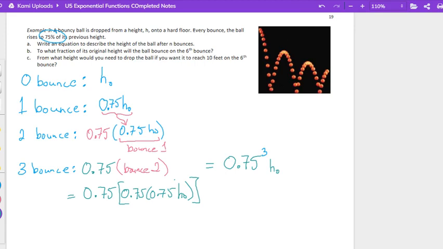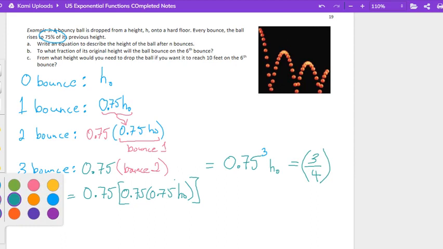So on the third bounce, it's 0.75 to the power of 3 of the original height. We're seeing this? Or if I wanted to do it in fractions, I could say it's 3/4 to the power of 3 times h naught. We good?